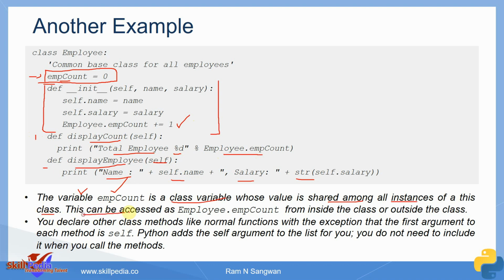This can be accessed as object name dot variable name, from inside the class or outside the class. You declare other class methods like normal functions, with the exception that the first argument of each method is self, as we have discussed earlier. Python adds the self argument to the list for you. You do not need to include it when you call that method using that object.